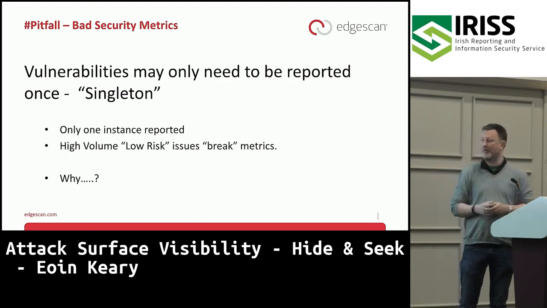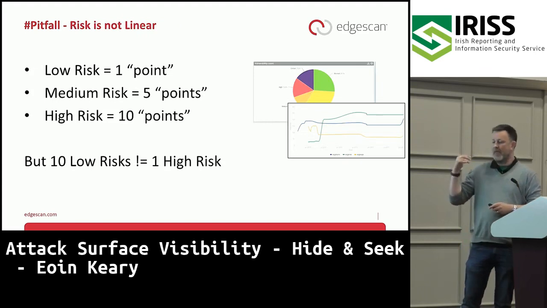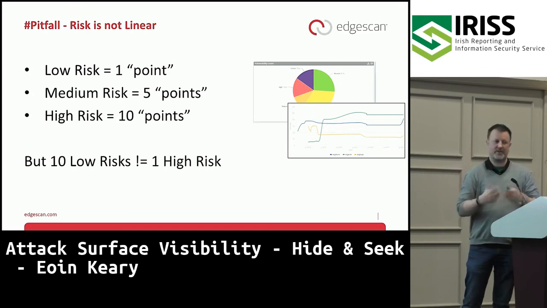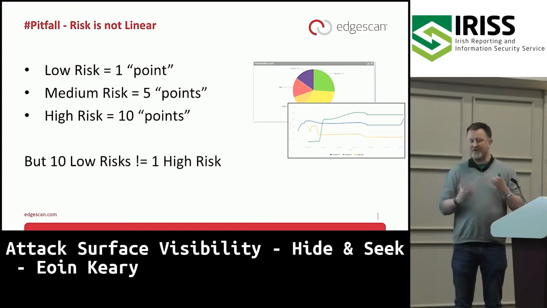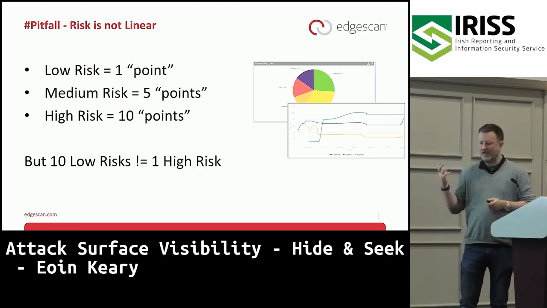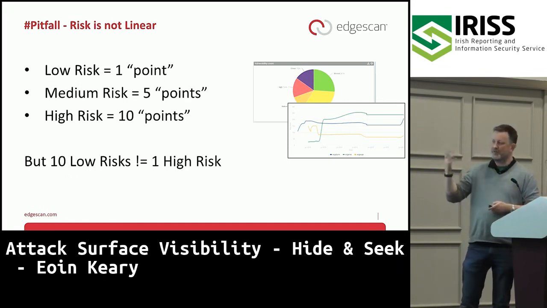Your metrics won't work, because you wind up with a million low-risk items and one critical item, and you give them scores like CVSS scores. But from a metric point of view, all of the low risk combined looks like more of an issue to fix than the critical issue, and it doesn't really work that way. So when you want to do metrics and measure things, you need to consider risk as well, which is again a non-linear problem.